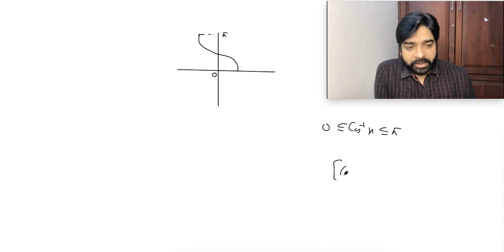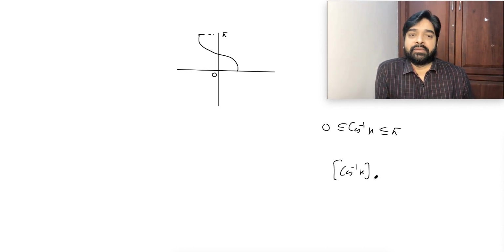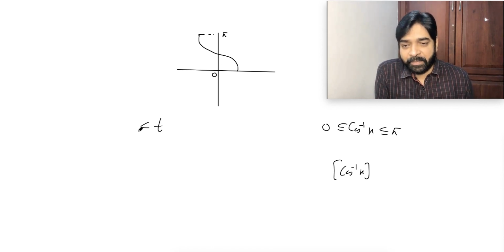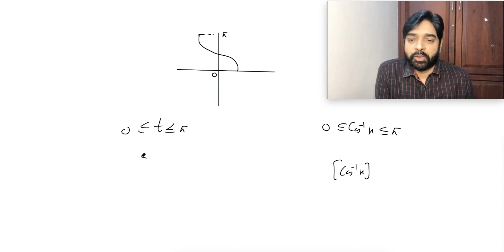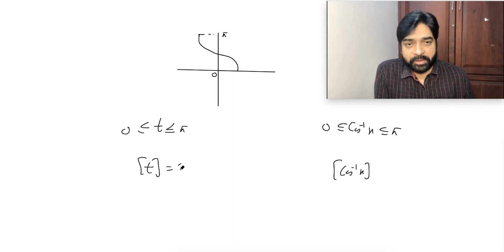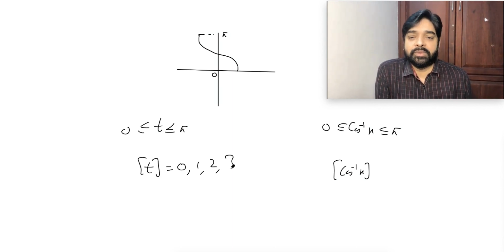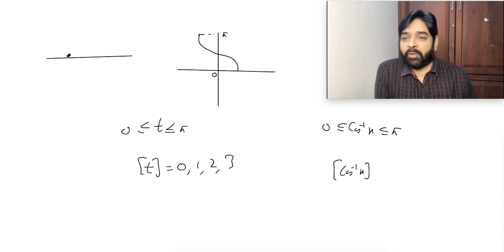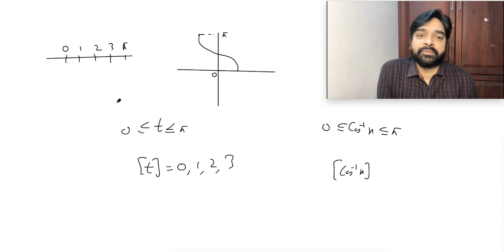So greatest integer cos inverse x, think carefully. If I say t lies between 0 and pi, so greatest integer t will be what? Pi means 3.14. Between 0 and pi, 1 is there, 2 is there, 3 is there.